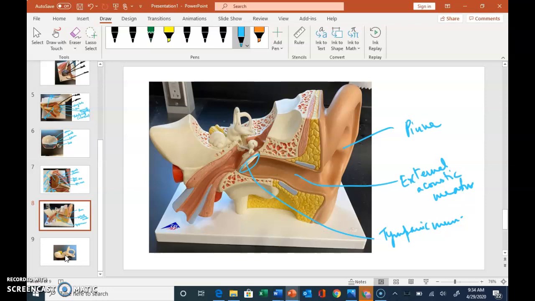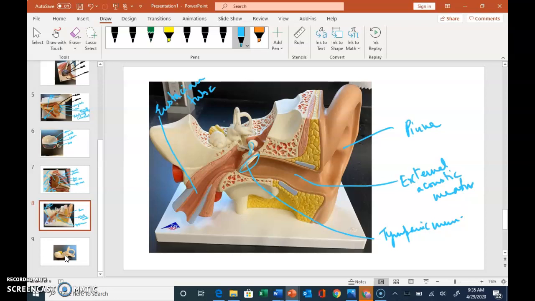This tube connects the middle ear to the pharynx, and this is called the eustachian tube. It helps to equalize pressure in the middle ear with the outer atmospheric air. This is the middle ear, which has 3 bones. It's hard to see the bones here, but I'll show you on a different picture.